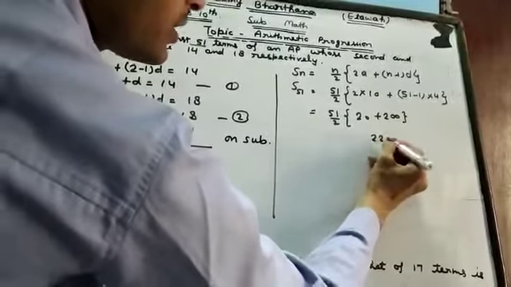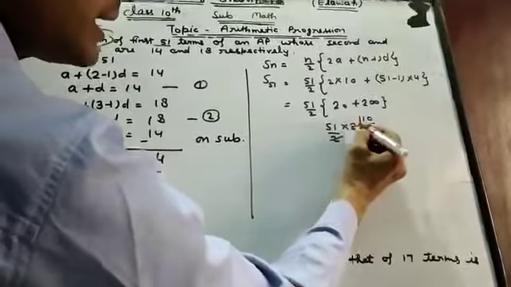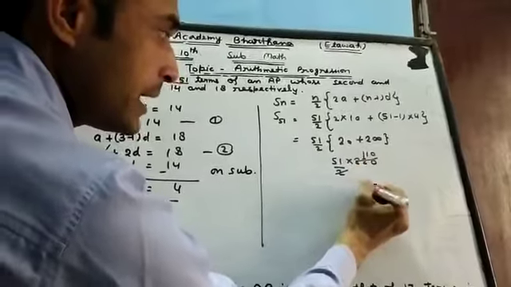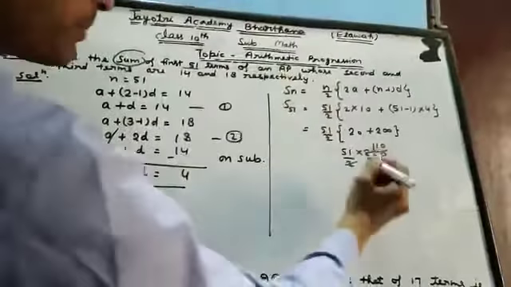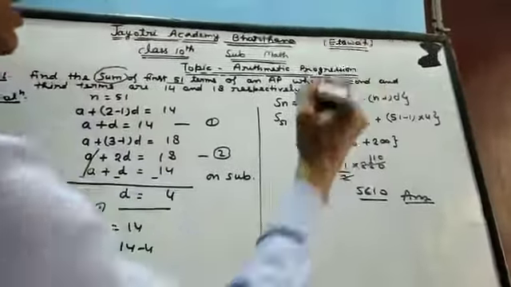Add, 220. 110 times 51 is 5610. This is my final answer.